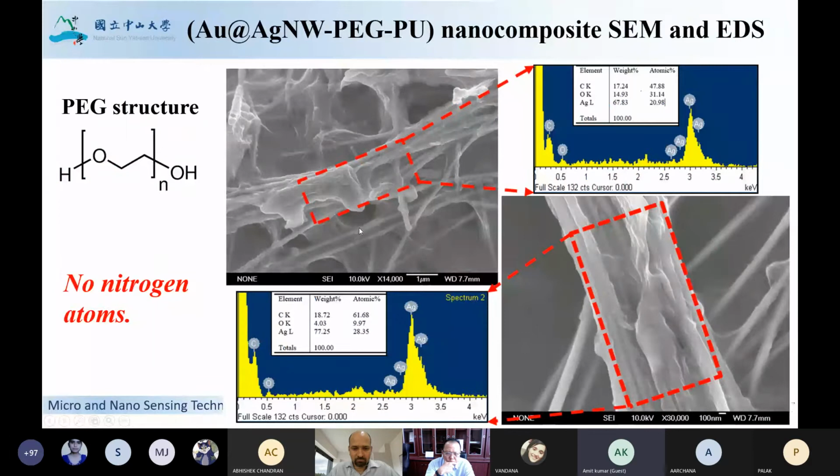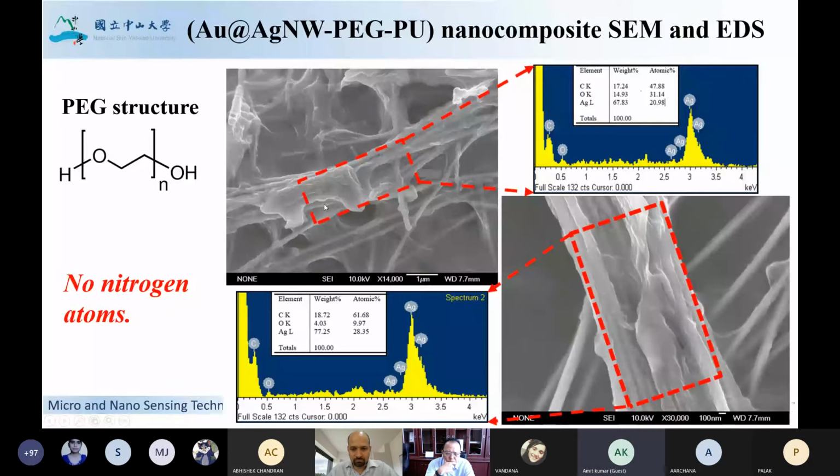After that, I do the characterization of SEM and EDS together, and I do the EDS at a specific silver nanowire region, and I found that at the specific region only PEG is connected with silver nanowires and no nitrogen. So this will help me in explaining the mechanism of the temperature sensing.